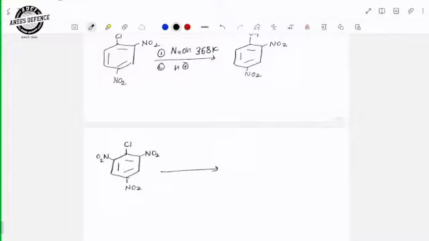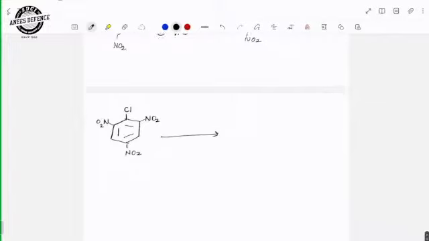So the reagent is very simple. We just warm the reaction, not heat it to more than 100 degrees, just warm it to 30-40 degrees Celsius. In the second part, we warm it in the presence of water.